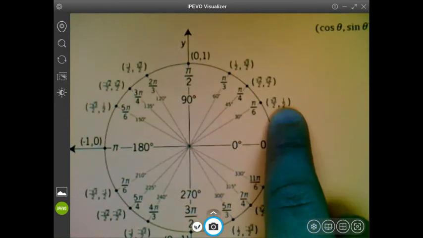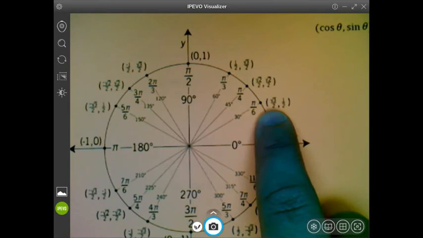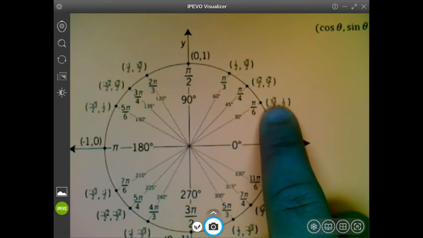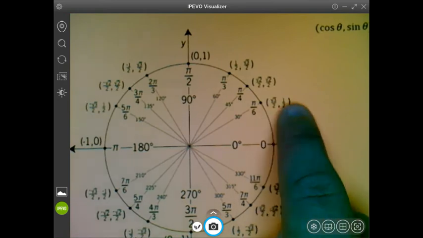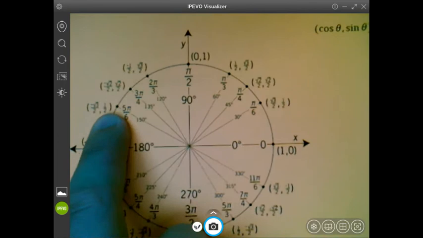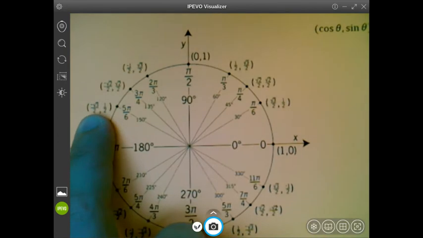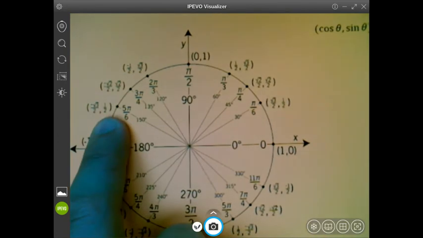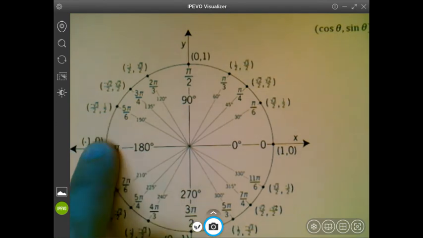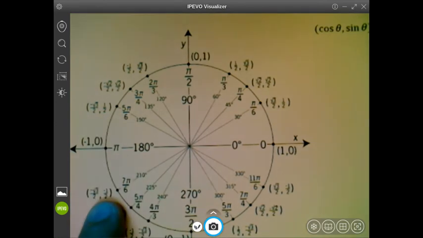So sine is the y coordinate. So here, but when we divide, we won't get opposite sign, or we won't get a negative, because they're the same sign. The next place we're at a half is here. When we divide, we will get a negative. So that's one of our answers, 5 pi over 6. Down here is the next 1/2. But when we divide, we'll get a positive because they're both negatives.